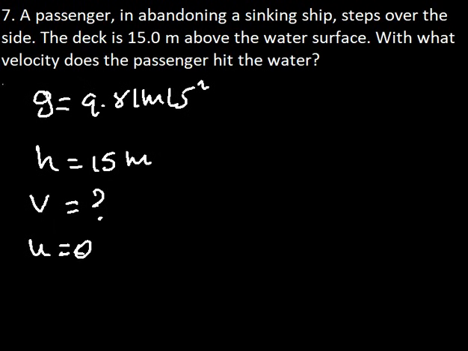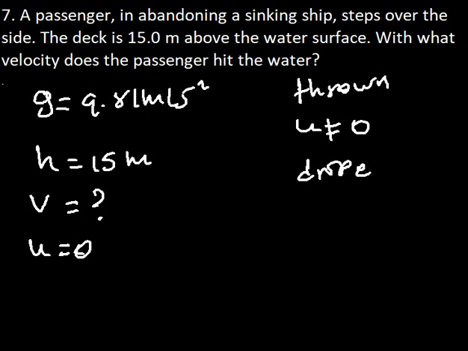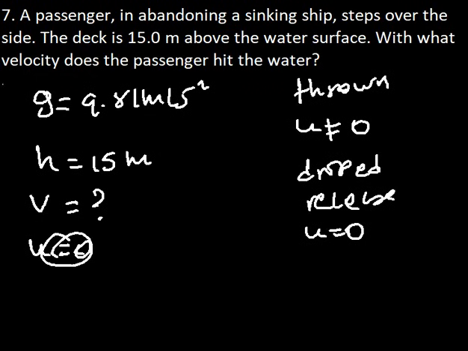There are two things you should understand about the one-way down motion. If the object has been thrown, the initial velocity cannot be 0; it can be something other than 0. But if the object has been dropped or released, the initial velocity is 0. In this case, the passenger has just released him or herself, which means the initial velocity is 0.